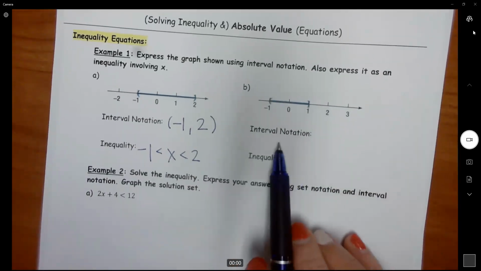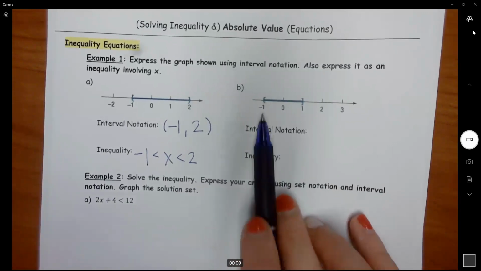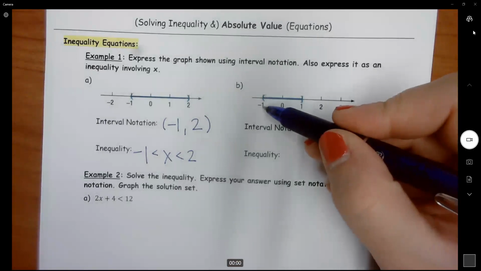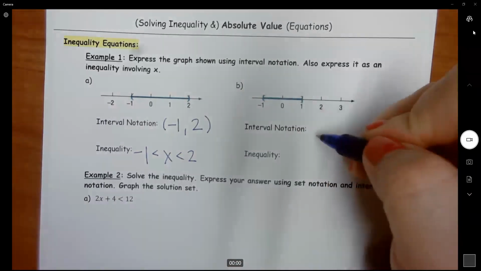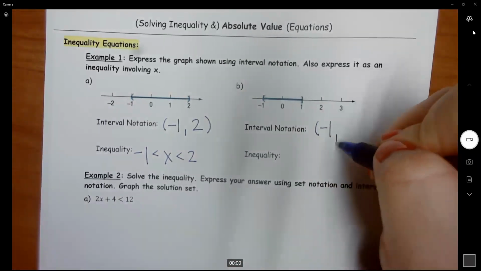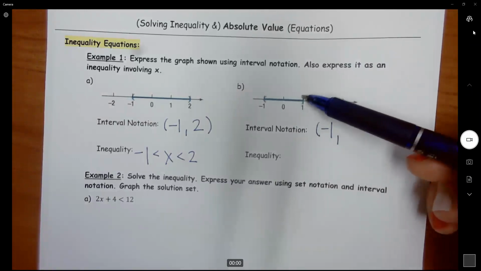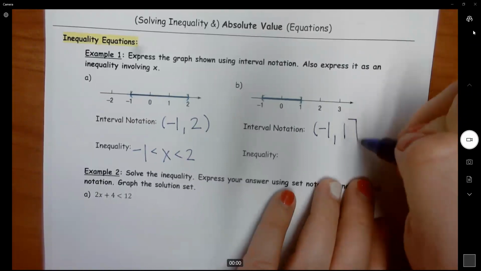Okay, so same thing over here. When you're using interval notation, literally just use this and write it the way it looks. We're going from -1 and it's got a parenthesis. We've got parenthesis -1, comma, and it's going to 1, and this one has a bracket. So 1 bracket.